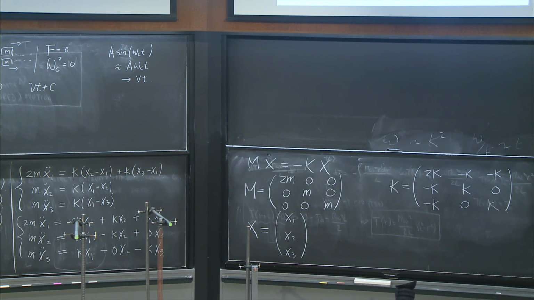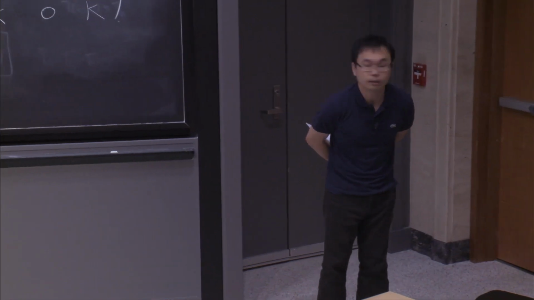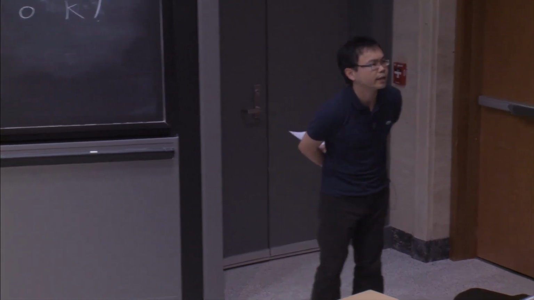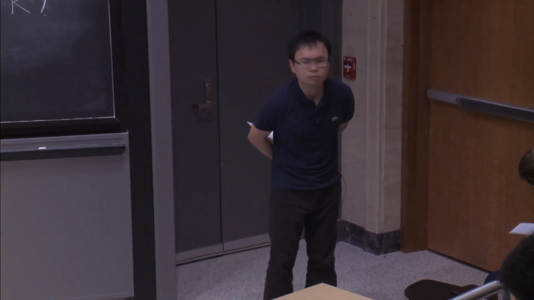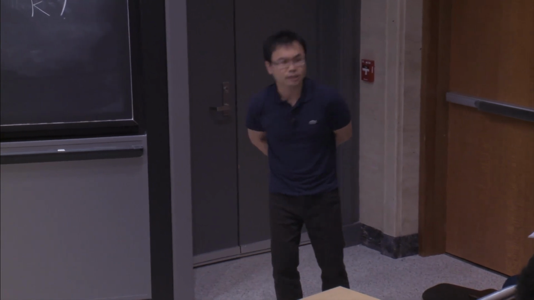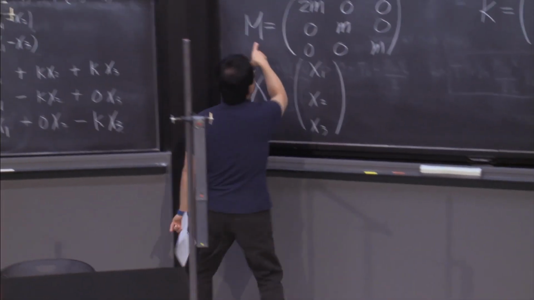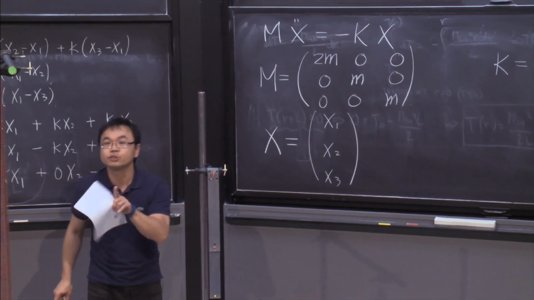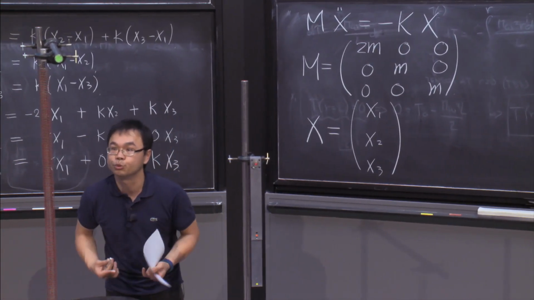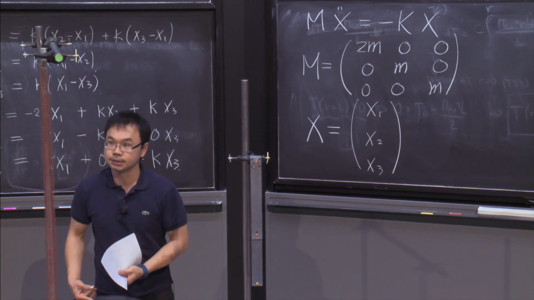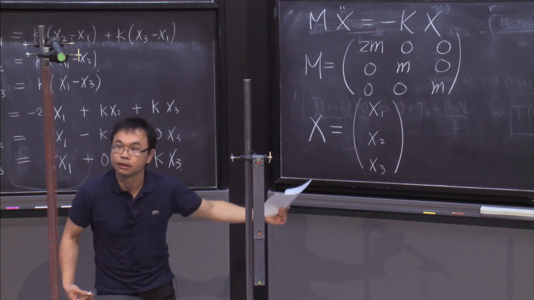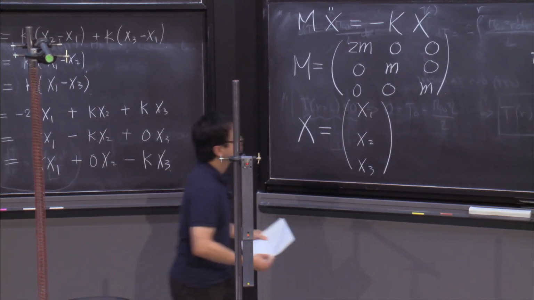So you may ask, what do they mean, right? What is the meaning of M, K, X? Okay, the capital M matrix tells you the mass distribution inside the system. So that's the meaning of this matrix, okay?